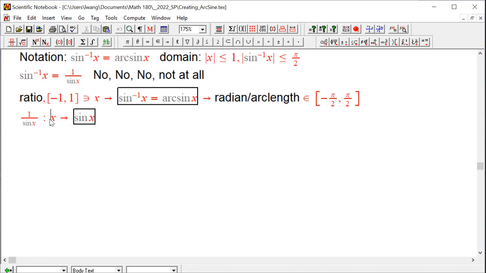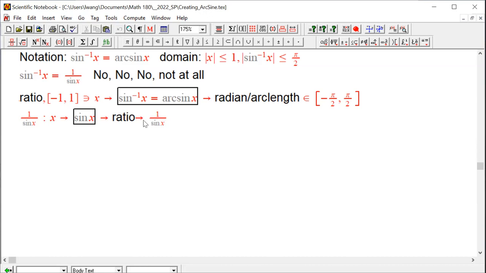But x are angles, right? It produces a ratio. Once we get the sine, we're going to do the reciprocal.